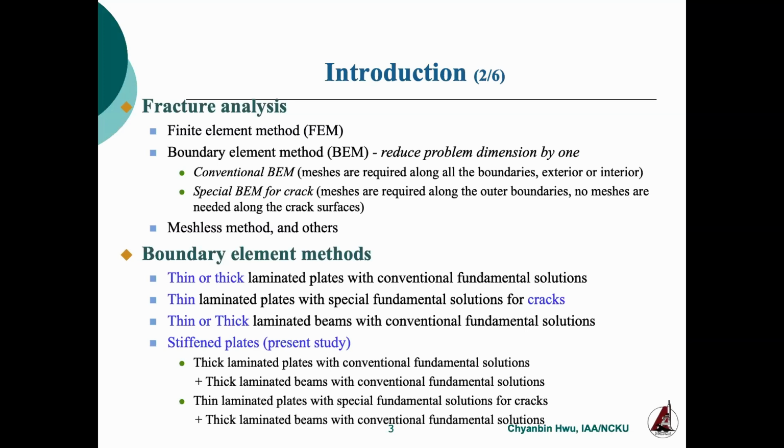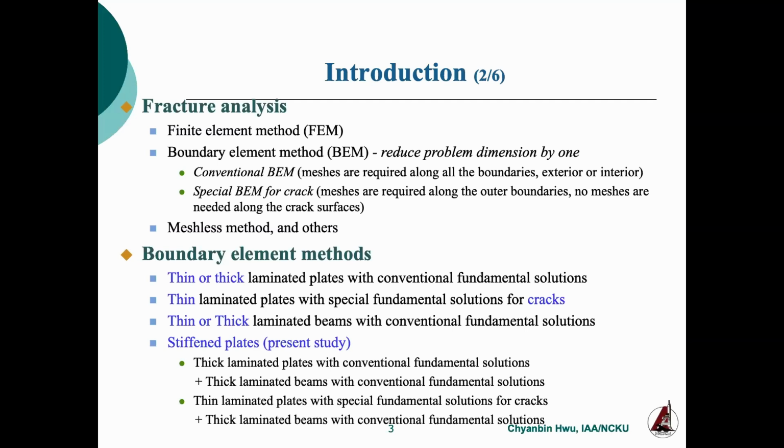The benefit of the boundary element is that it can reduce the problem dimension by 1. But for the boundary element, the key point is the fundamental solution. Usually, people use the conventional boundary element with the conventional fundamental solution. For that kind of boundary element, the mesh is required along all the boundaries, including the crack surface.